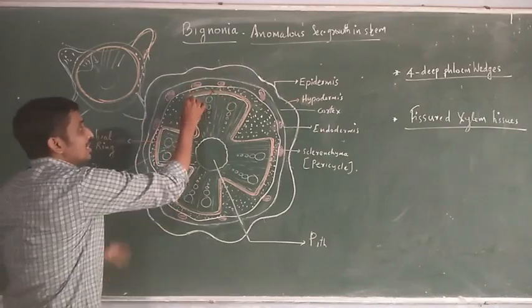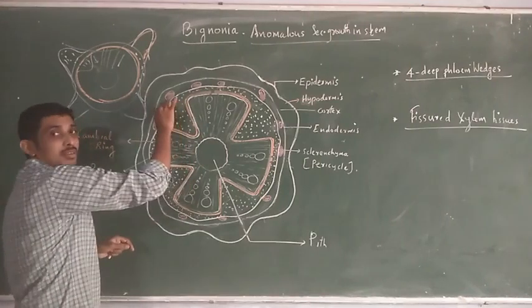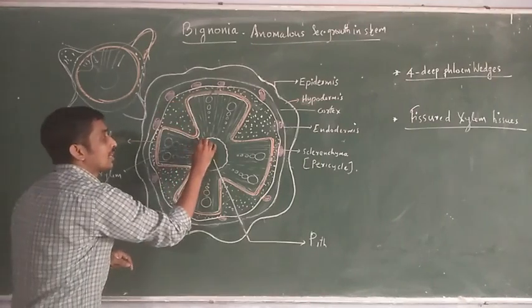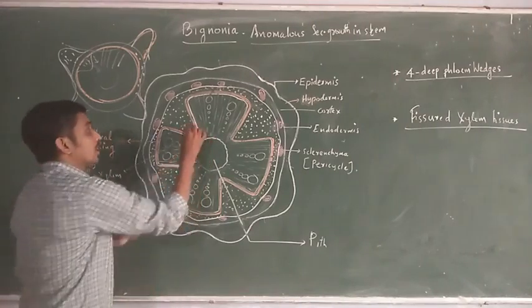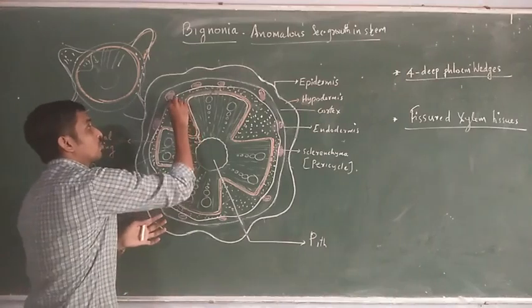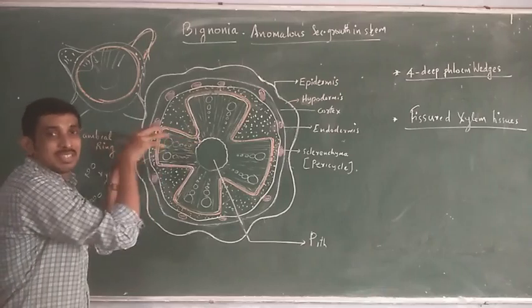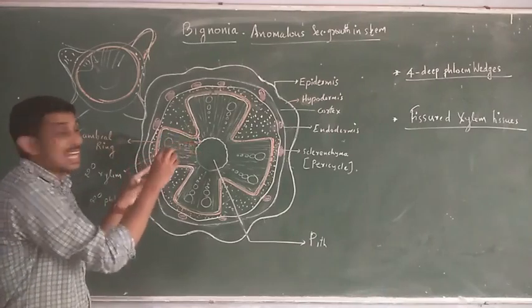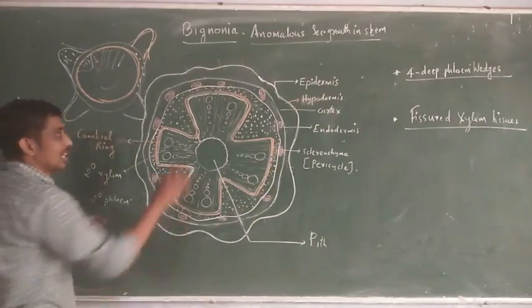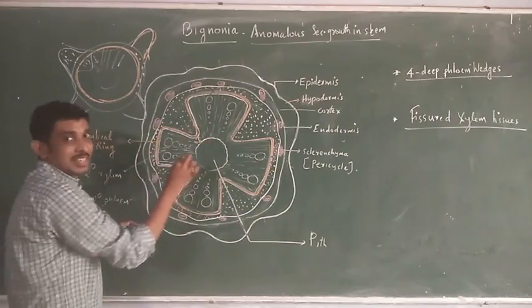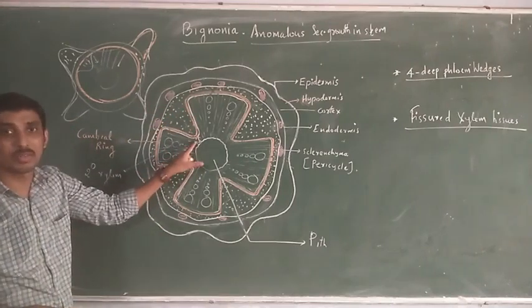But when it reaches this area, the cambial ring produces more amount of secondary phloem and less amount of secondary xylem. Here the area of secondary xylem is very narrow, but here the area of secondary phloem is very, very broad. So due to the abnormal activity of the cambial ring at certain places only, the cambial ring at that place produces more amount of secondary phloem towards outside and less amount of secondary xylem towards inside.